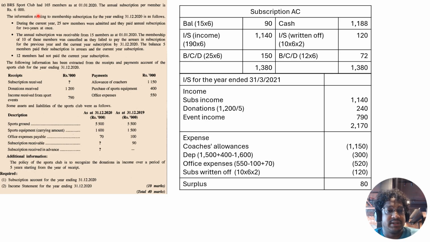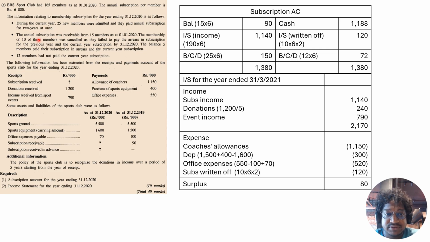So here it's given the information about a sports club, which has 165 members as at opening date, and the annual subscription per member is 6,000. And the information relating to membership subscription is given as below. During the current year, they recruited 25 new members, and at the recruitment, they paid 2 years' subscription at once.